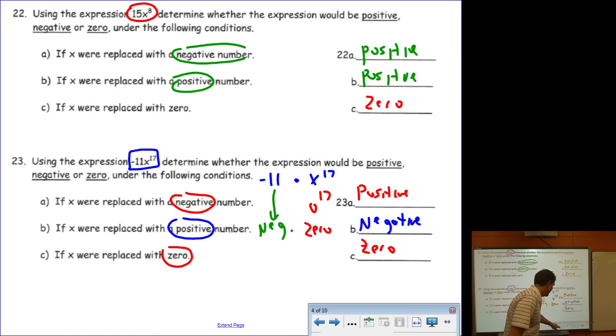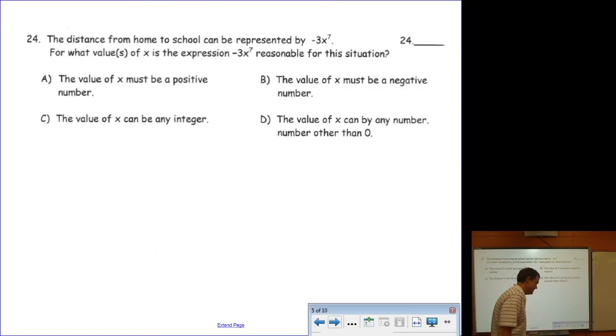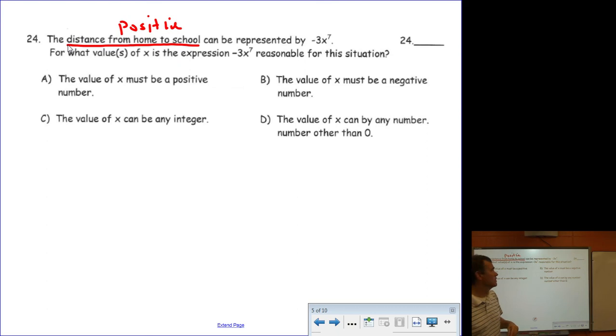All right, last problem. This is kind of a story problem. They're talking about the distance from home to school. And the important thing you need to know about the distance between any two things is it's positive. Distance must be positive. So this distance is being represented by this algebraic expression.